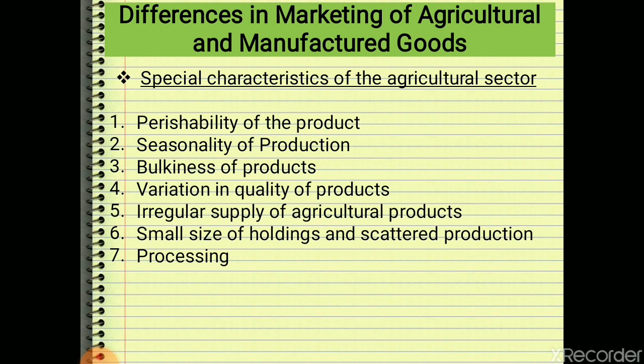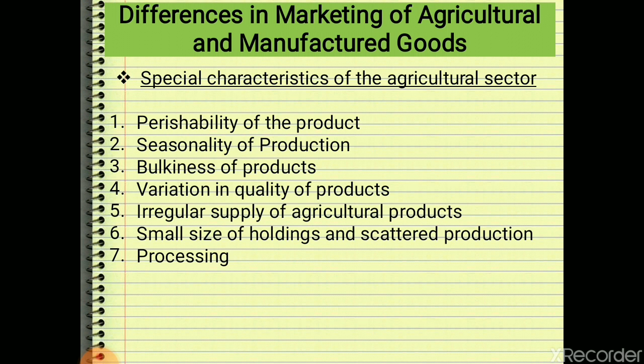Then the supply is also irregular in nature. In India the agriculture sector is mainly rain fed, so it depends upon rainy conditions, rainy days, as well as the weather. Now the weather is changing, so we cannot assure what the actual output or actual supply will be. That's why it affects prices for many commodities.